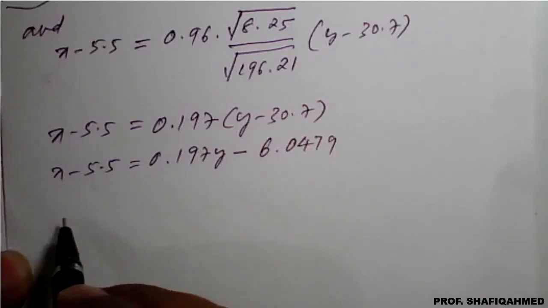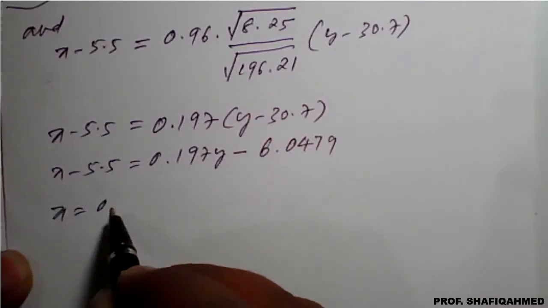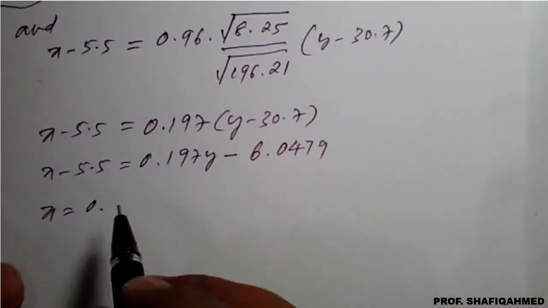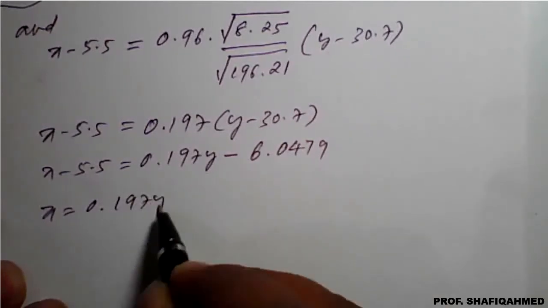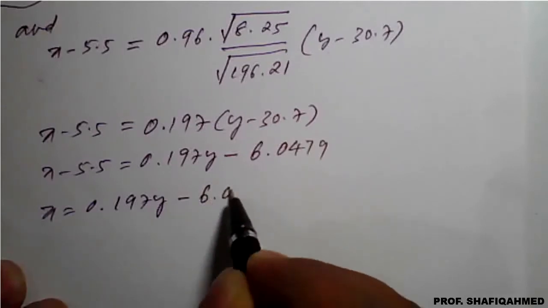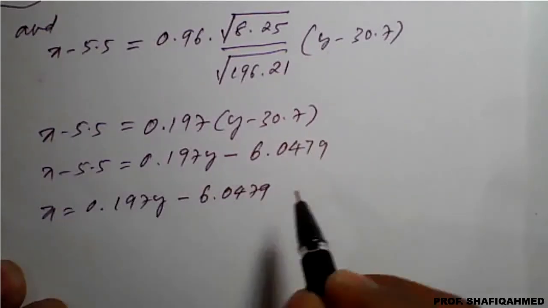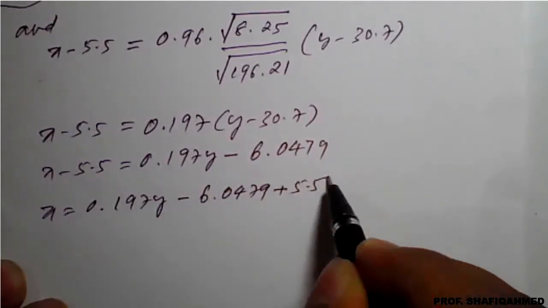6.0479. So therefore x is equal to 0.197y minus 6.0479, if you shift it, plus 5.5.